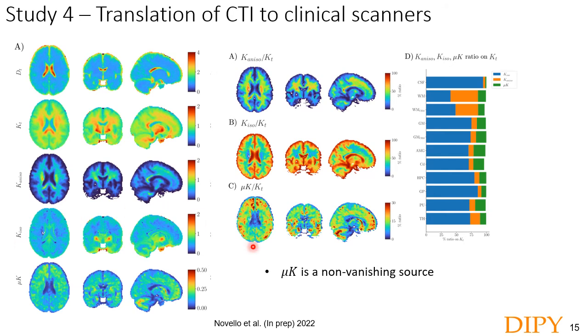Looking at the percentage maps, we now see that across different regions, the microscopic kurtosis corresponds to around 20% of the total kurtosis, 15% of the total kurtosis, which is much lower than the data that we observed in the rodents.